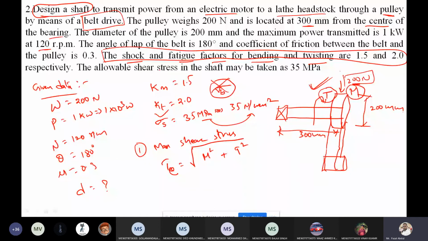That is, this shaft is subjected to fluctuations. So this equation is going to change slightly, with Km and Kt. Km value, Kt value is given in the question. No need to select from the table. You only need to calculate the M value and T value.